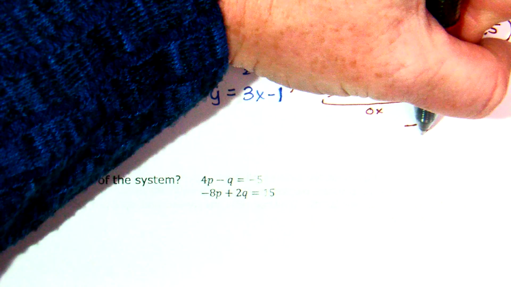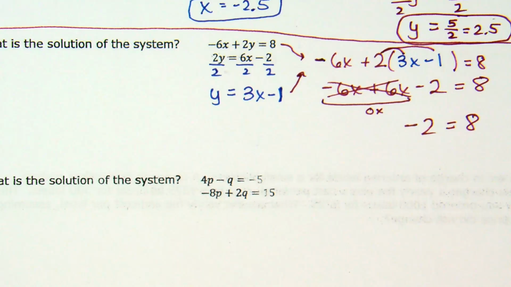Negative 2 equals 8. And hopefully you made it down for 2. Negative 2 does not equal 8 because my variables cancel out and I am left with a false statement. We're going to say what? No solution.